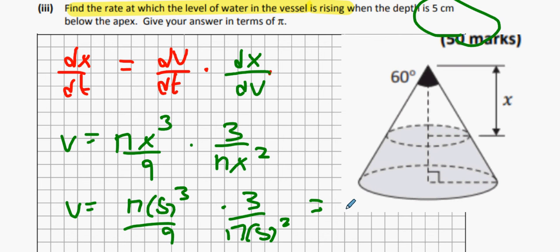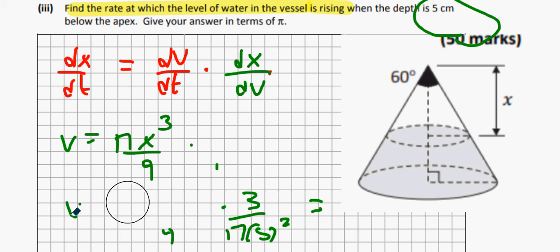Sorry, lads, the dV dx was 3 over pi x squared.